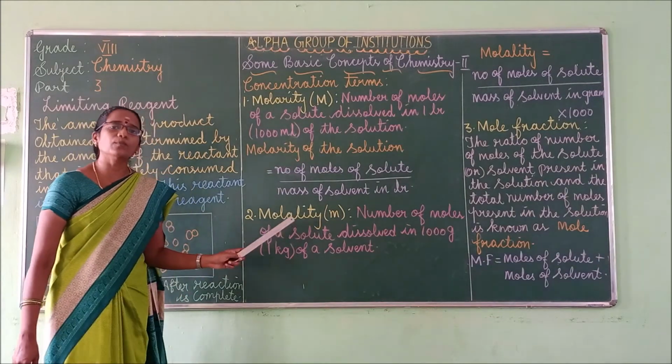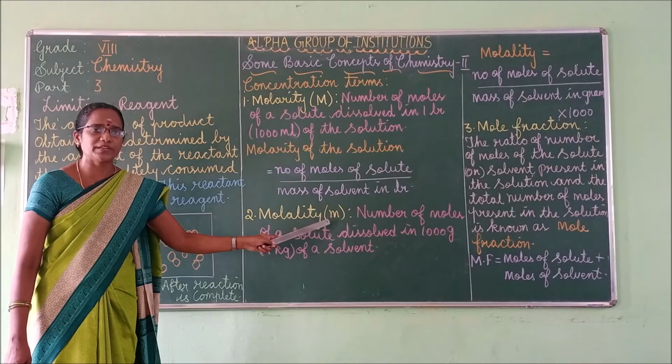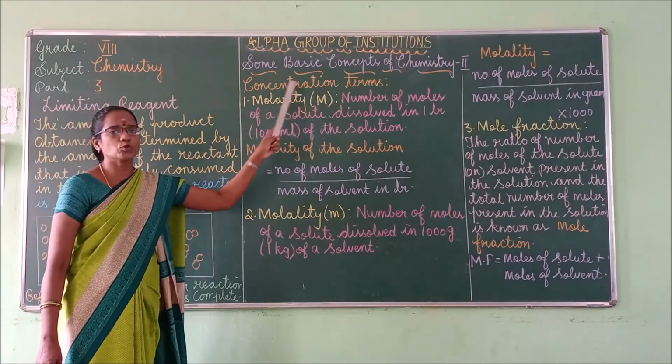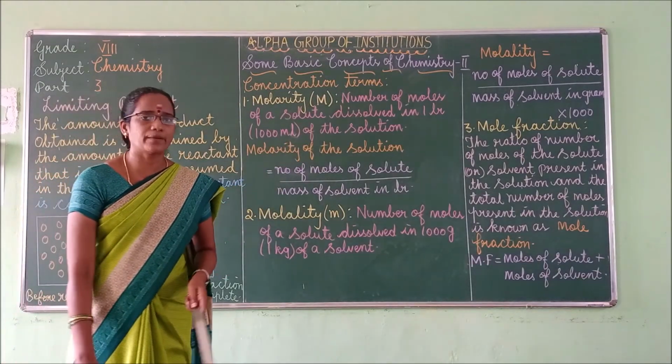Right. So next one, molality. Molality we have to mention with the small m. Only for molarity do we use the capital M; for molality we should use the small m.